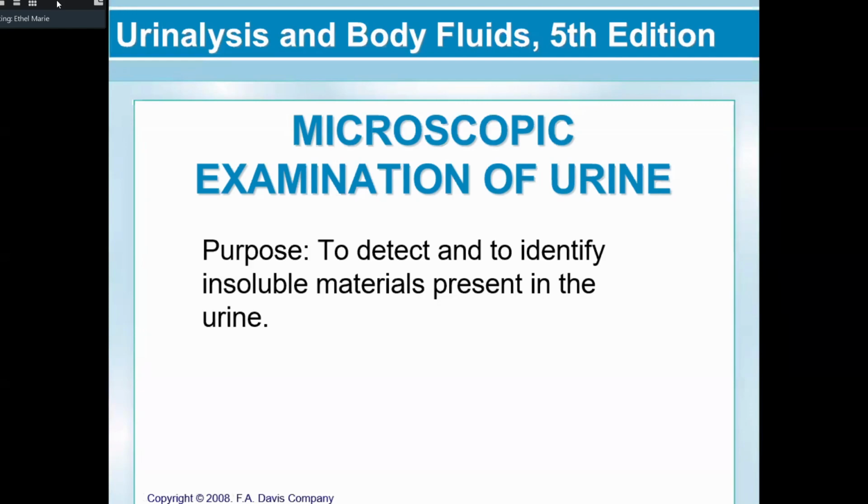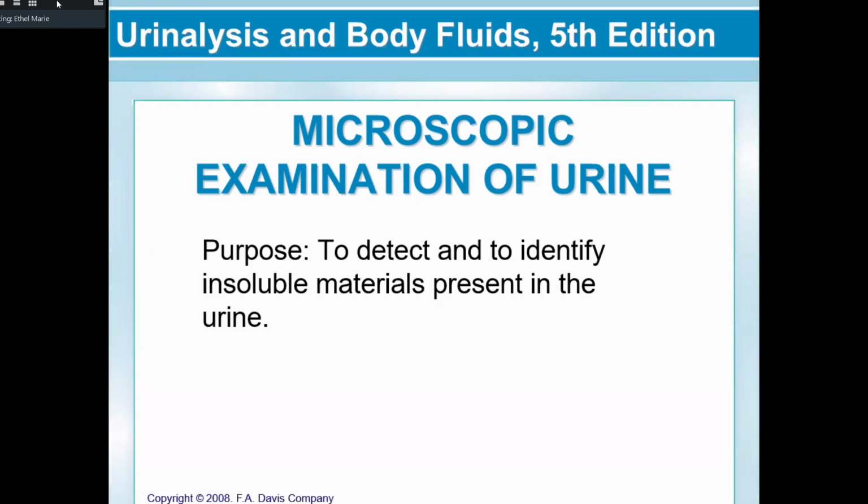So in some laboratories, sabi ko nga sa inyo, hindi sila nagpe-perform kaagad ng microscopic exam unless the physical and chemical exam results suggest or recommend. So sabi niya, it's used to detect and identify insoluble materials that are present in the urine.